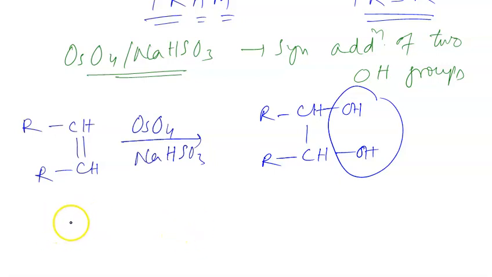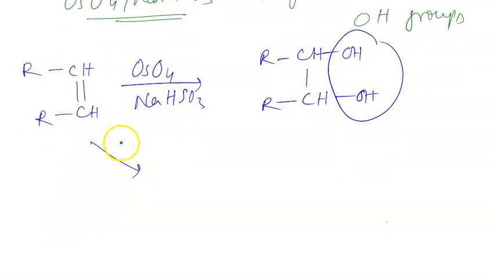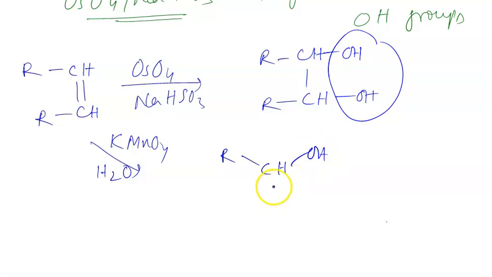Similarly, if the alkene is treated with KMnO4 solution, then again here also two OH groups will be added to the same side. You will get the same product. Syn addition will take place.